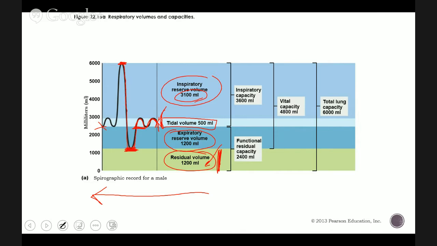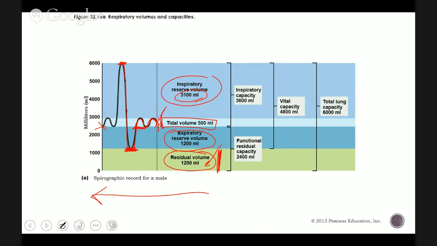This is letter B, the amount of air that can be forcibly inspired beyond the tidal volume. We have those 4 volumes: tidal volume, expiratory reserve volume, residual volume, and then the inspiratory reserve.